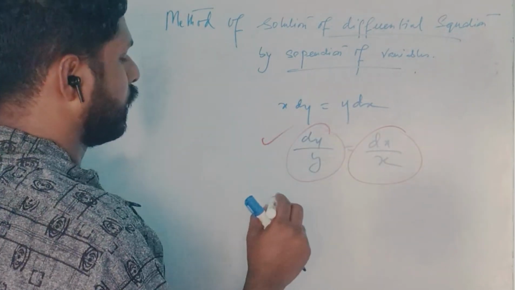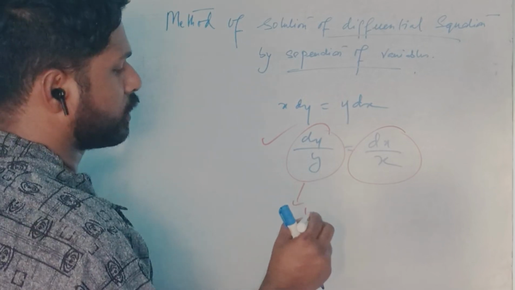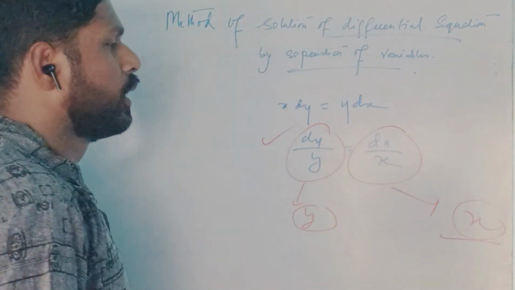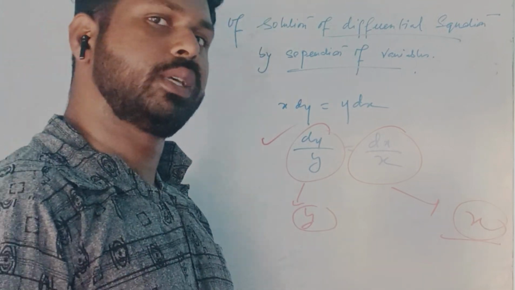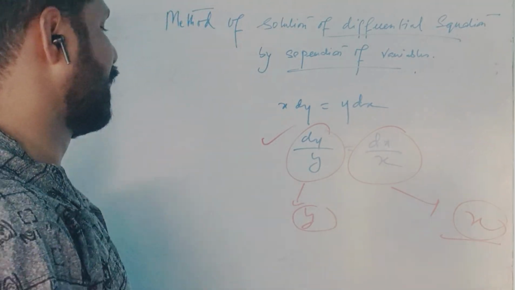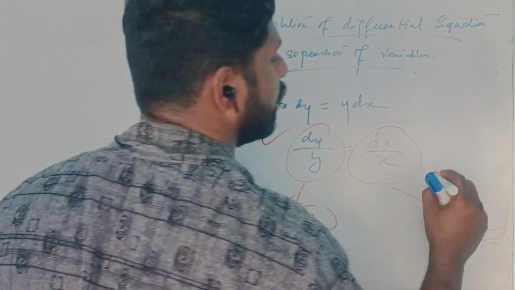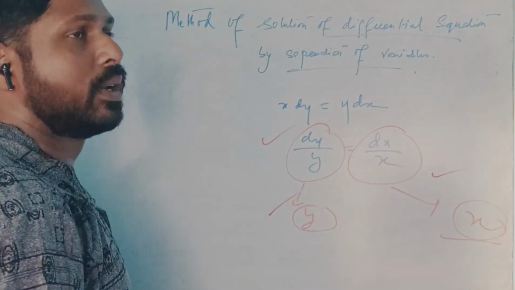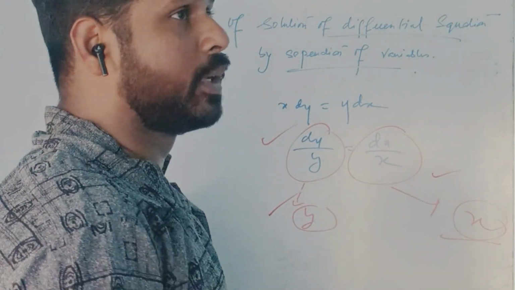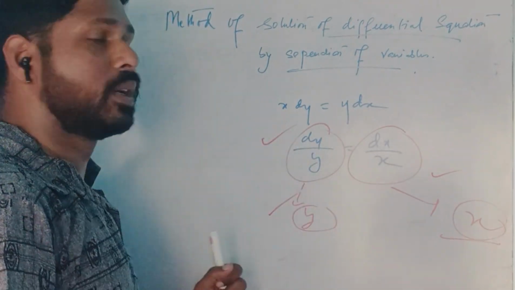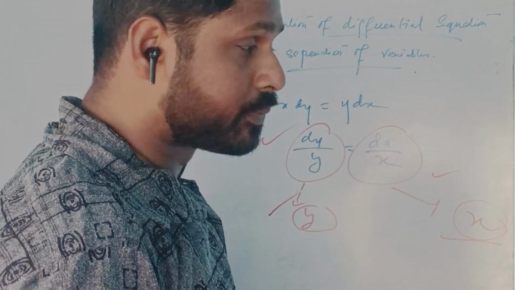To the left there is everything which belongs to y only, and to the right there is everything which belongs to x only. The variables have been separated fully. No x is there in the LHS and no y is there in the RHS. This is the idea behind the method of solution of differential equations by separation of variables, right?